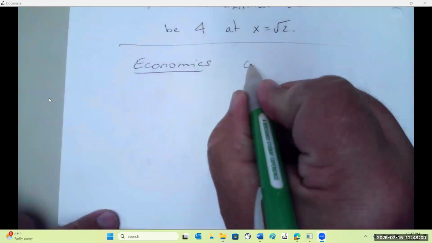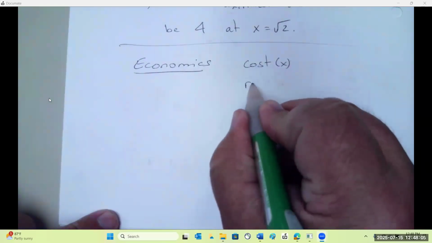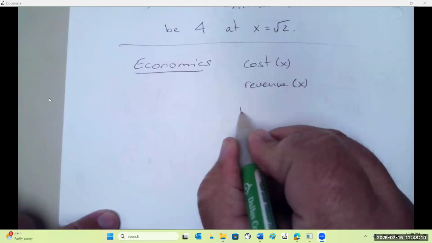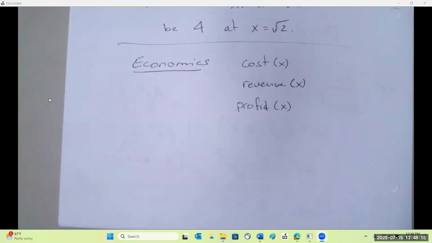Economics. We talked about this earlier. In economics, we deal with two basic functions, three actually: cost, revenue, and profit. Cost is a function of production, revenue is a function of production, and profit is as well.